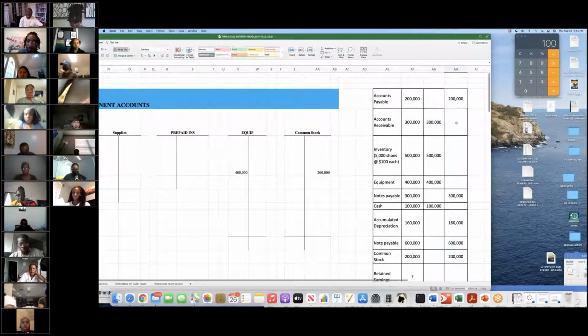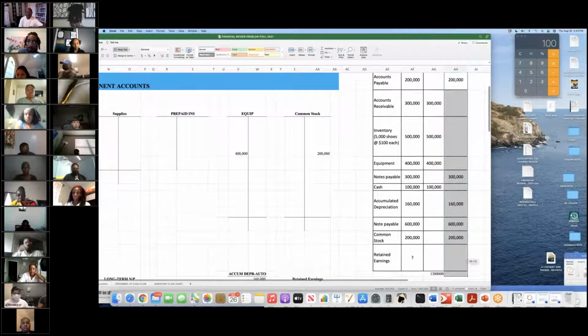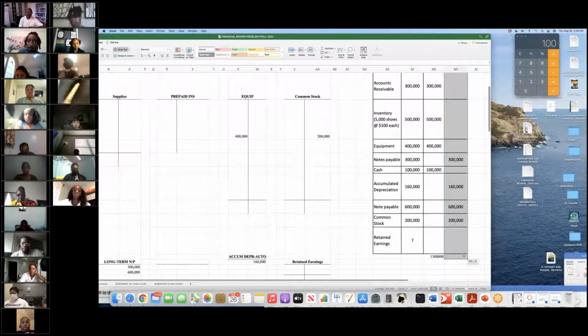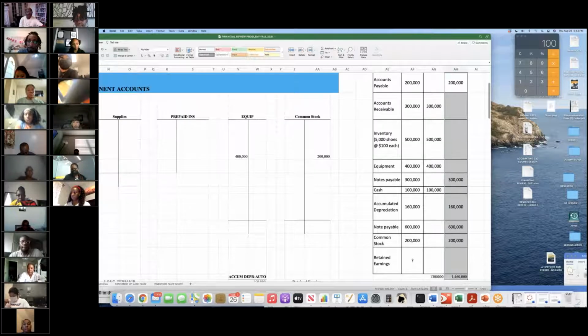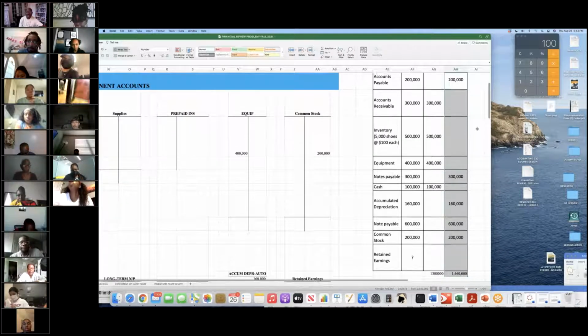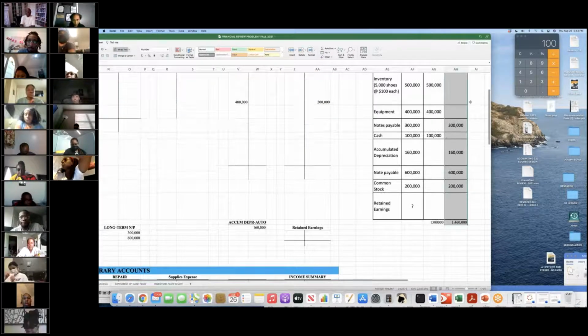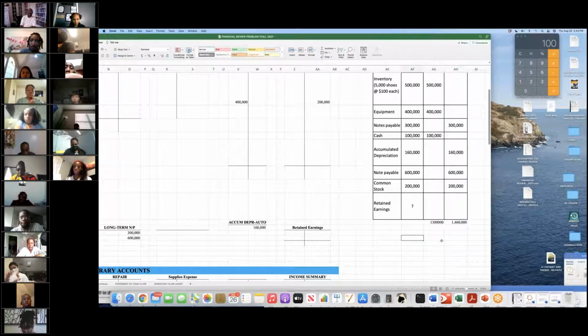Then on the credit side, we have 1,460,000. So what does that tell us about retained earnings?